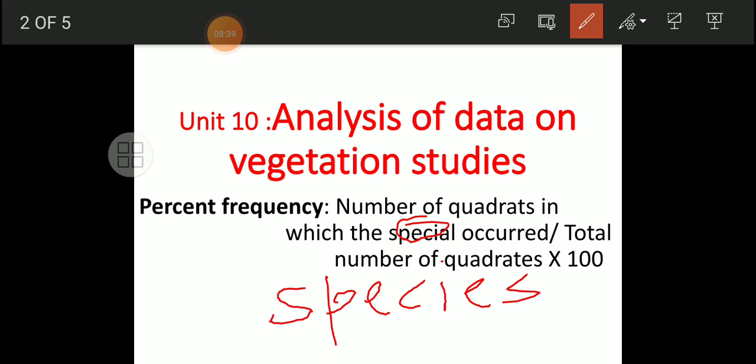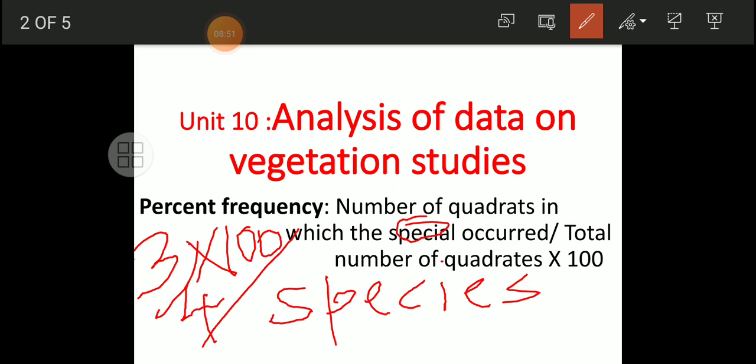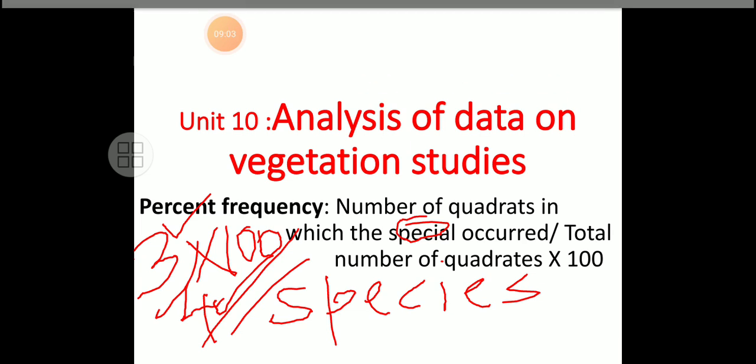Total number of quadrats studied, that is 4. So 3 by 4 into percent, that is multiplied by 100. The species occurred in only 3 quadrats. We have set up only 4 quadrats, multiplied by 100.